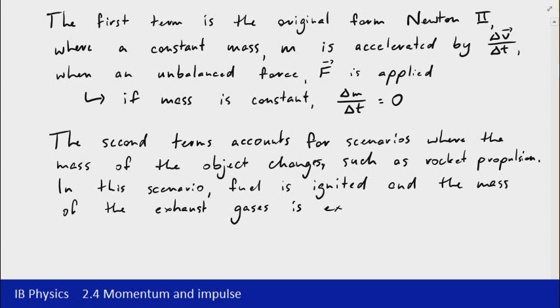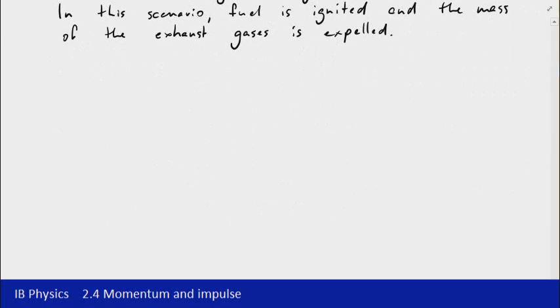So I'll just rewrite that equation to explain it a little bit more clearly in the context of rocket propulsion. So for a rocket, we do need to now consider both of those terms.